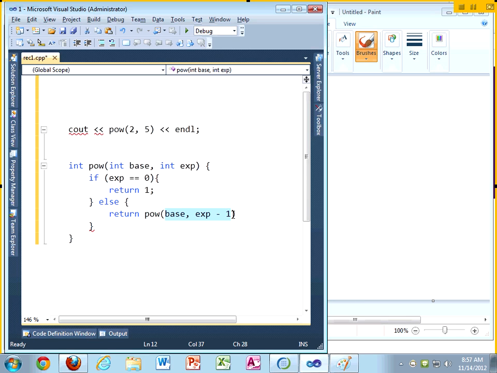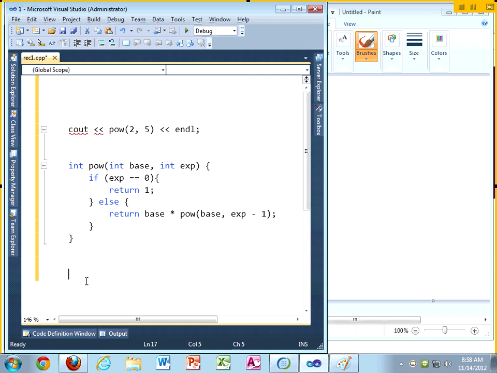But it is true that base to the exponent is equal to base to the exponent minus 1, and then what do I have to do with that? I have to adjust it somehow, right? Times base, right? Let me put it in front, I guess. Okay. Does that make sense? Just looking at that one statement, what I'm saying there is that base to the exponent is base times base to the exponent minus 1.